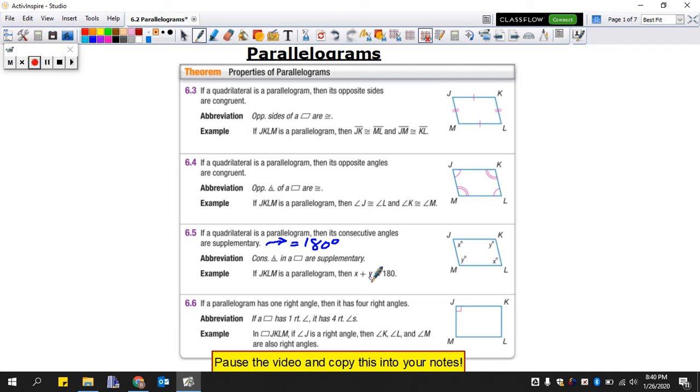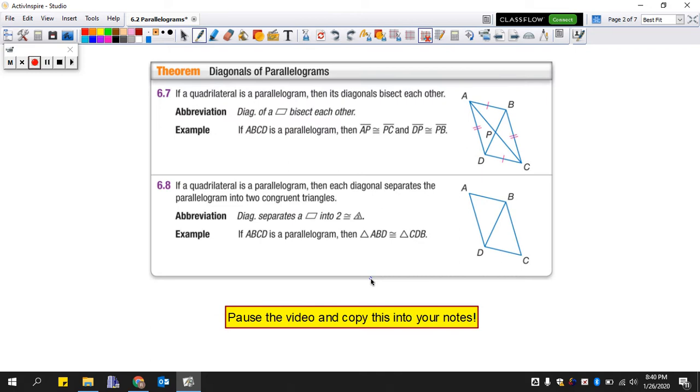We have two theorems that deal with the diagonals of parallelograms. The diagonal AC bisects diagonal BD. If a quadrilateral is a parallelogram, then its diagonals bisect each other. And remember, bisect means it cuts it in half.